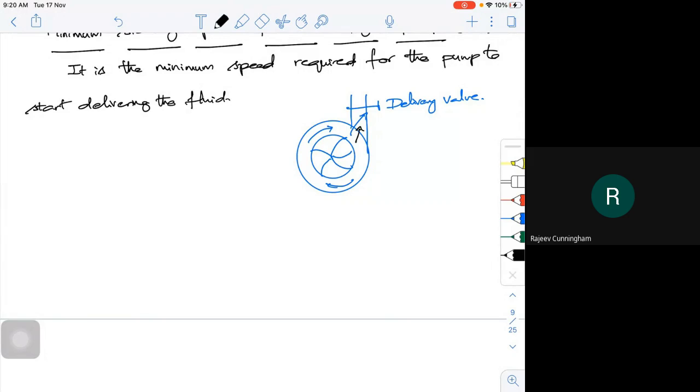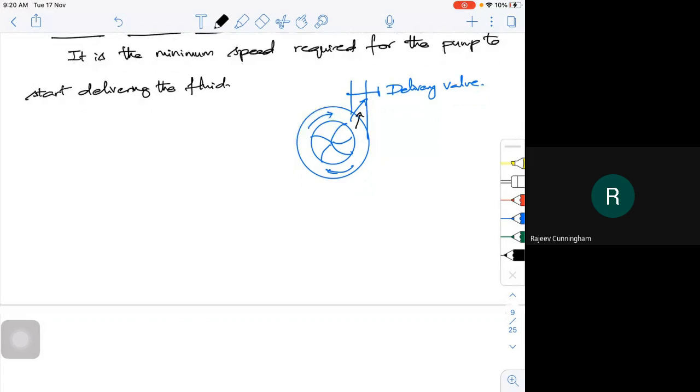To get an expression for this minimum speed, how can I do that actually? To get that expression, we will consider the manometric head. What is the manometric head? Manometric head is the head under which your pump is working, and it is given in terms of velocities.